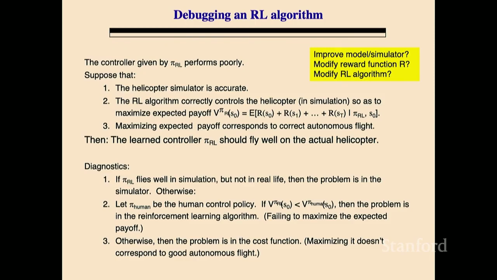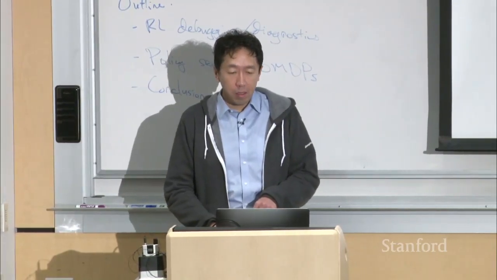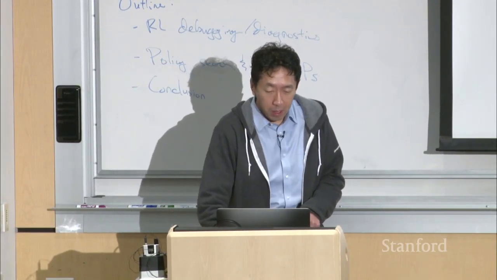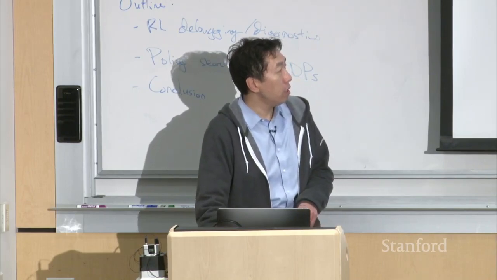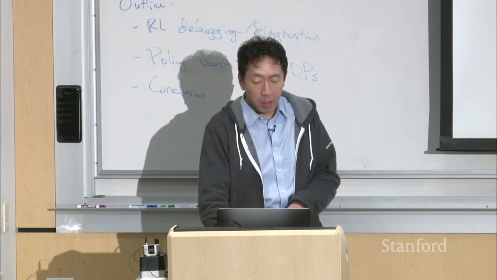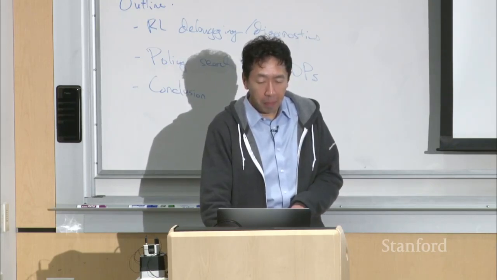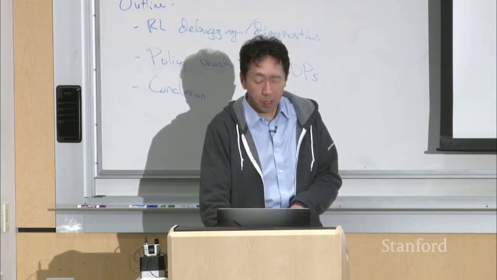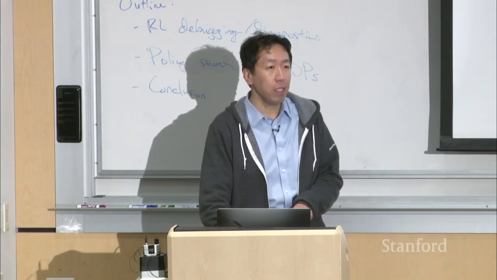So what you can do is test whether or not this thing here, right? That's just the payoff of the learned policy as measured on your reward function. So check if the learned policy achieves a better or worse payoff than a human pilot can.